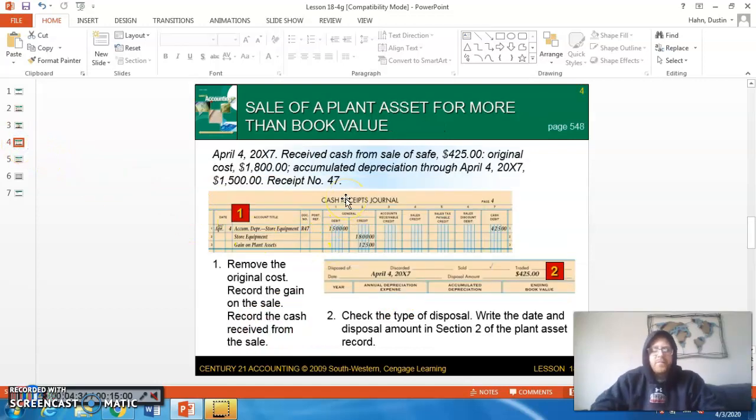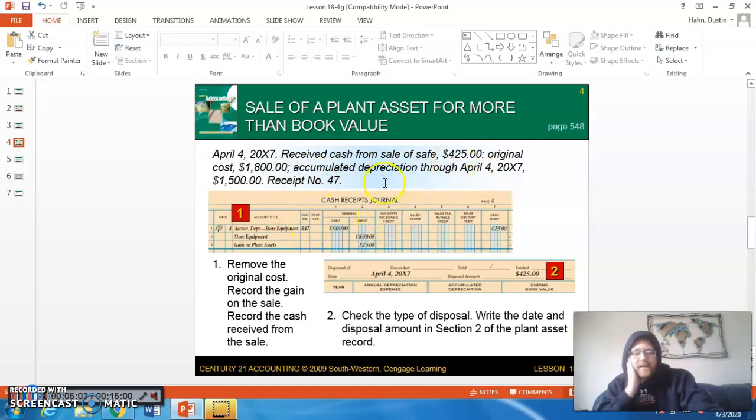Now the sale of a plant asset for more than book value. When you get rid of your plant asset, are you making money? Are you losing money? This is what we are looking at. On April 4th, 2017, you received cash from the sale of the safe, $425. Original cost was $1,800, and your accumulated depreciation through April 4th was $1,500.